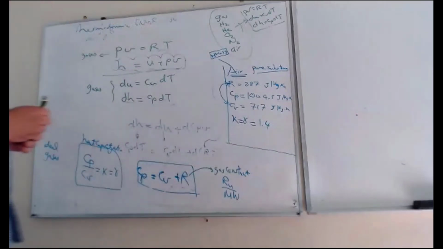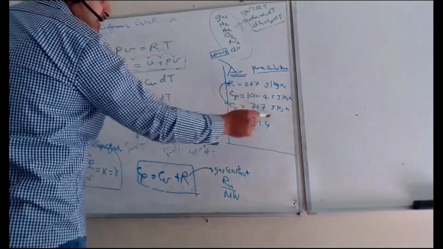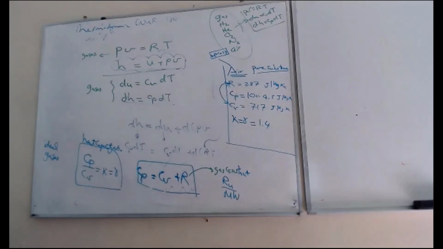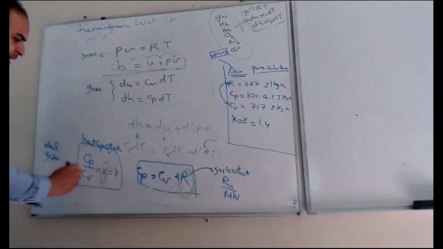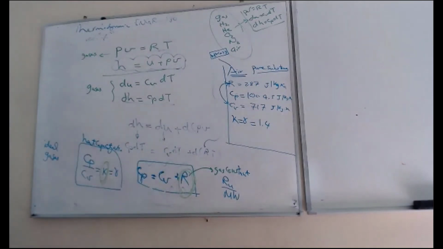It's a ratio, it has no dimension. If you divide 1004 over 717, it's 1.4. For every gas, if I give you any two, you can get the others with these two correlations. If I give you, for example, R and k, you can get Cv and Cp for any gas. Is it clear now?